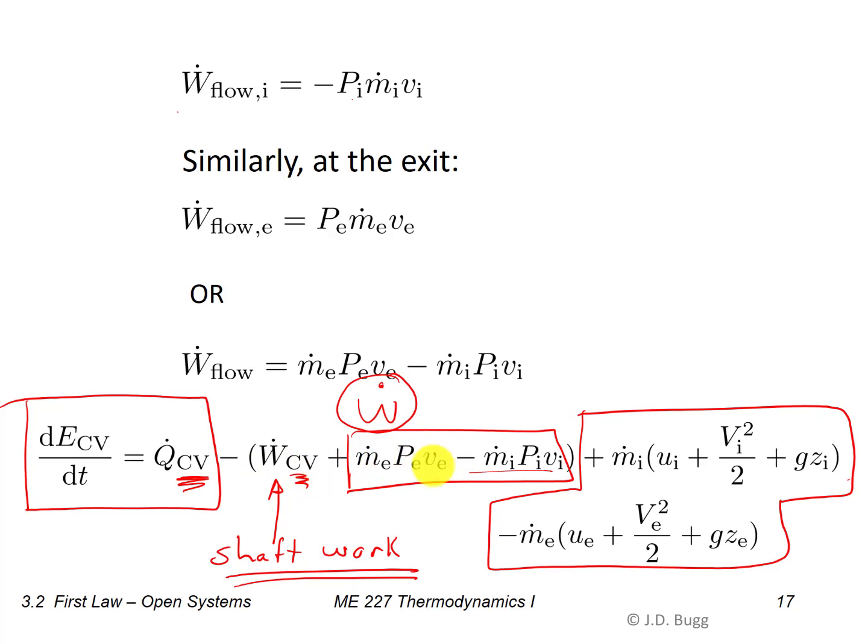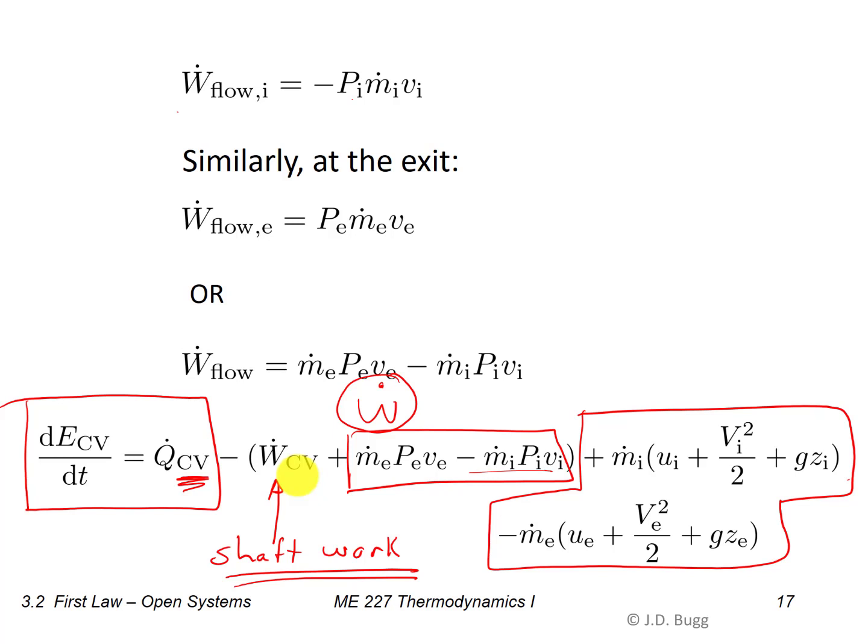Now, what is the shaft work? Well, shaft work is exactly as its name implies. If our control volume is connected to the outside world, in other words, the surroundings, by a shaft of some kind, then there's an opportunity for a work transfer through that shaft.